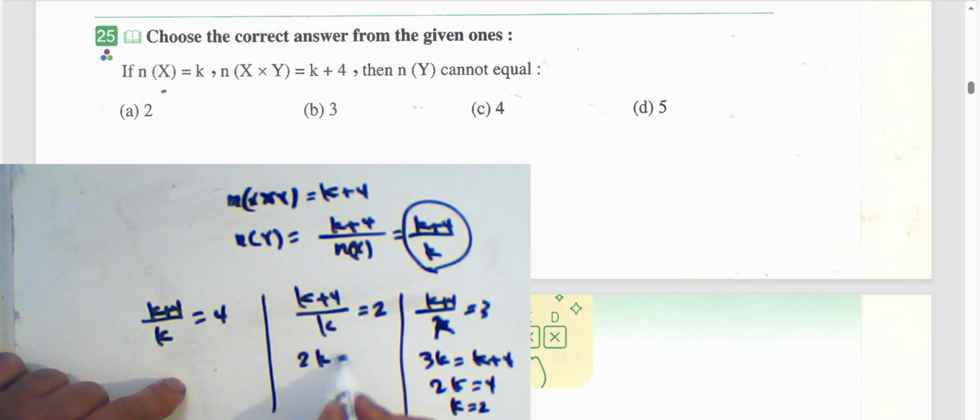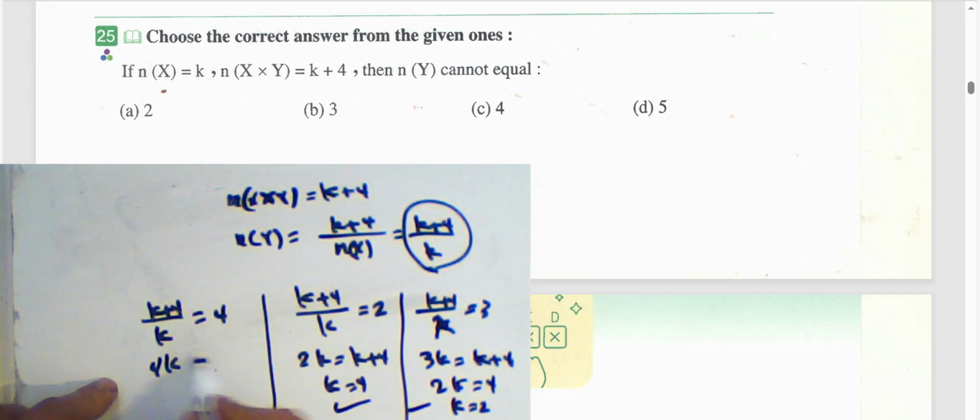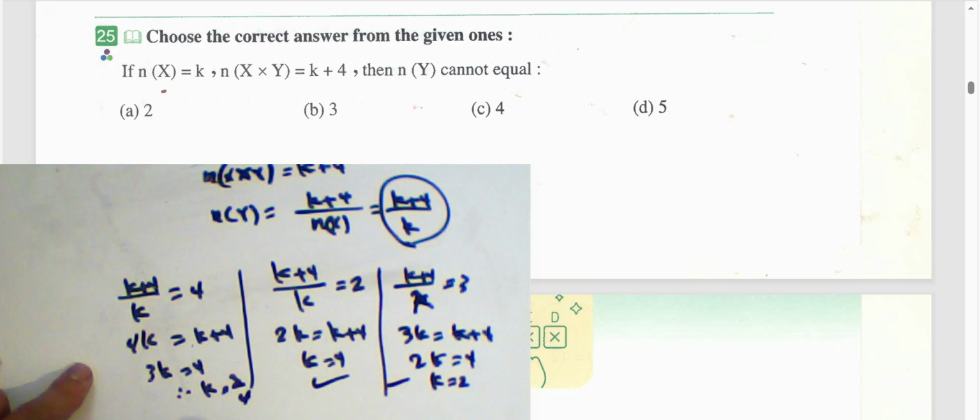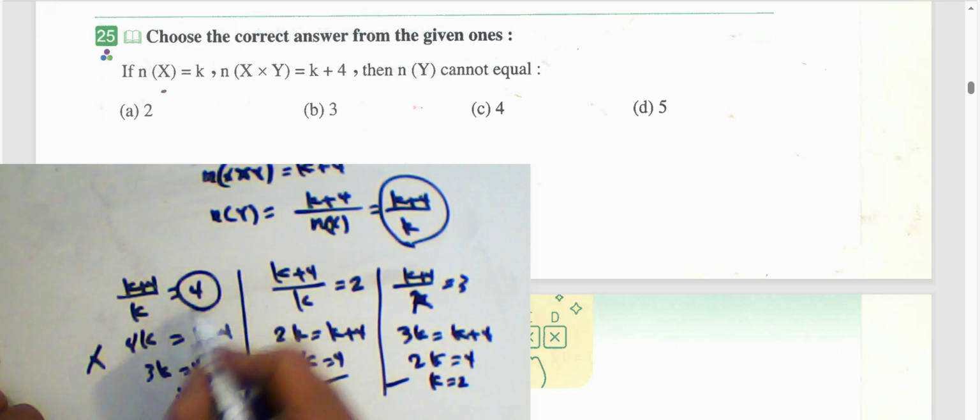And 2 times k equals 2k, k plus 4, then k equals 4. It's correct, and this is correct. And here 4 times k will be 4k equal k plus 4. Then 4k minus k is 3k, 3k equals 4, and the value of k equals 3 over 4. It's not correct.